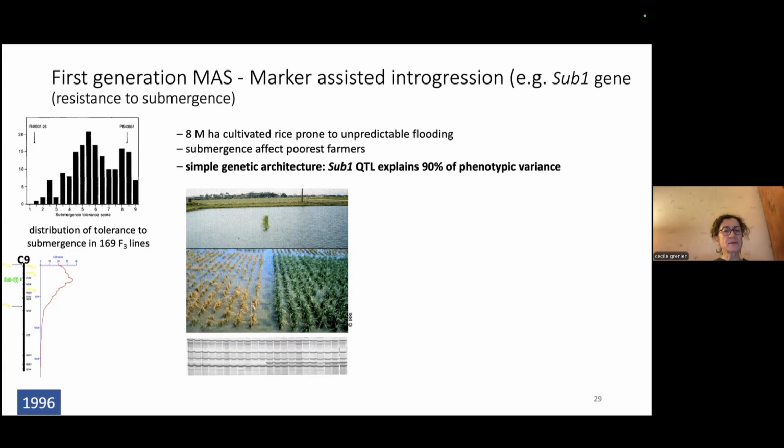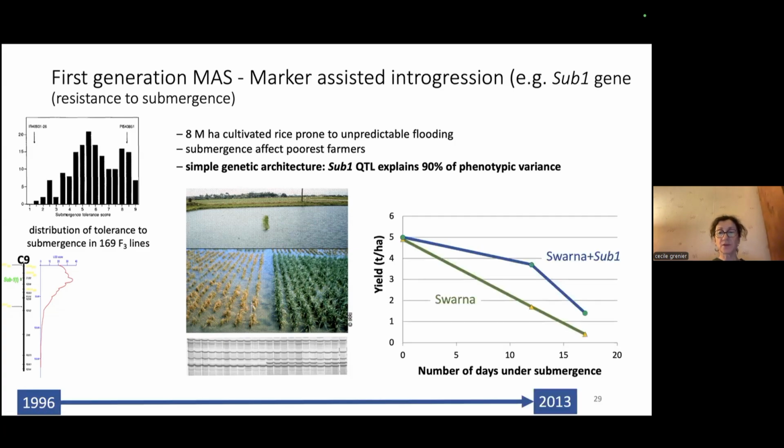The QTL mapping revealed a QTL that explains 90% of the phenotypic variance. The progeny with the QTL sustained submergence, and they had this marker, which is associated to the QTL. This is a molecular marker here. The ones that did not have the molecular marker were susceptible to submergence.